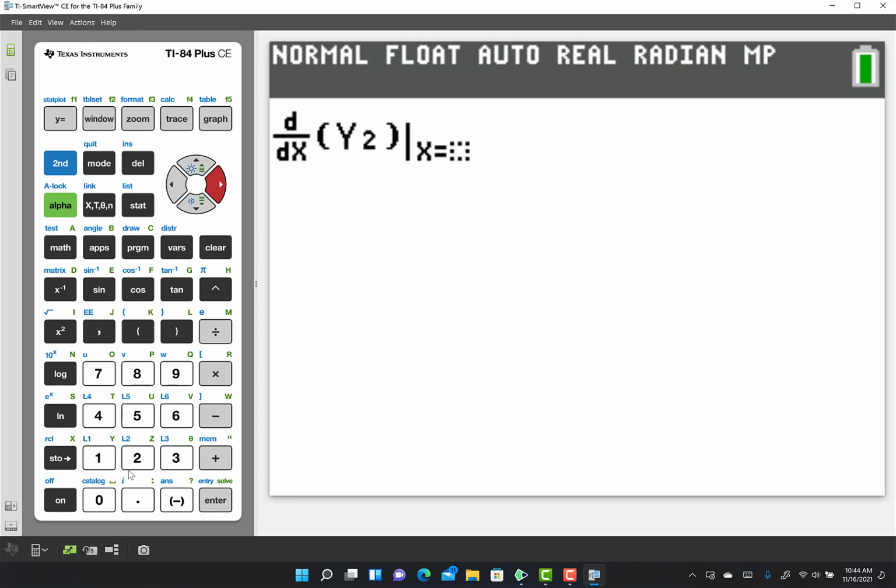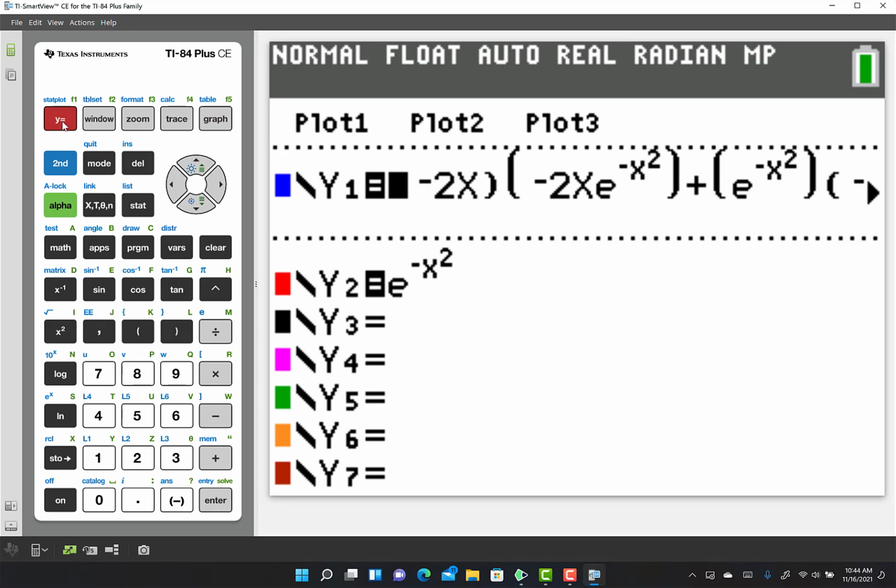I don't want the first derivative. Actually, that's not going to work. The way we did it is going to work because we don't have an x value. That's what we're looking for. This was dumb. Sorry, guys. Sorry for telling you that. All right, what's up? What was the question? Okay.